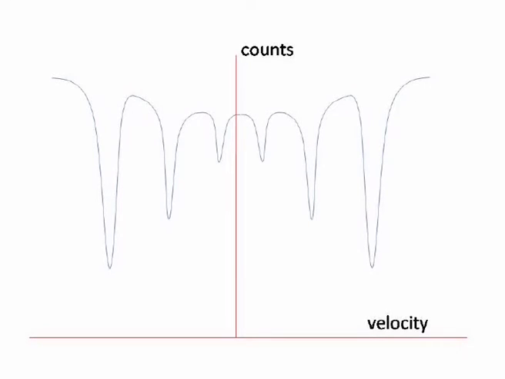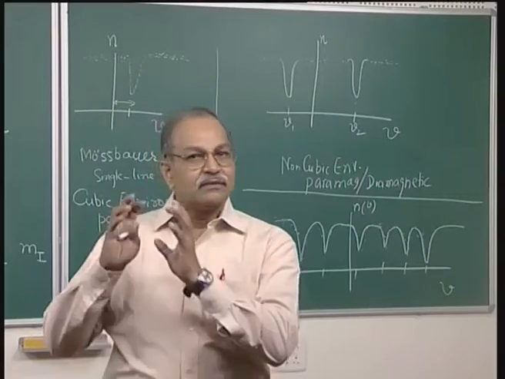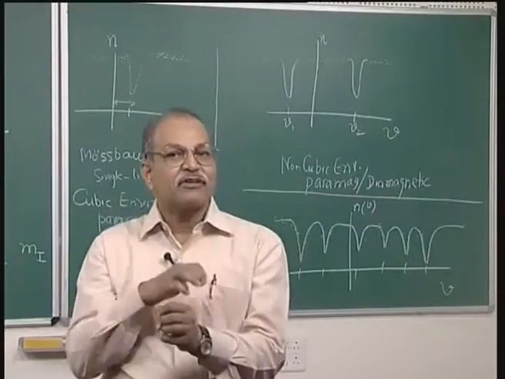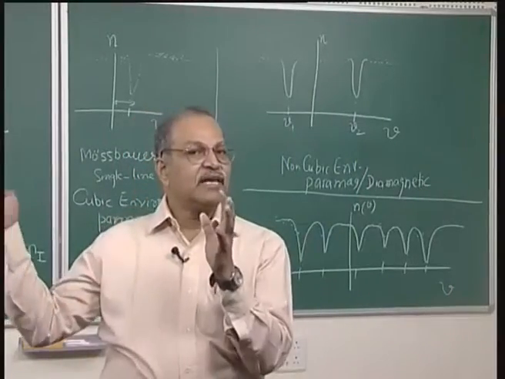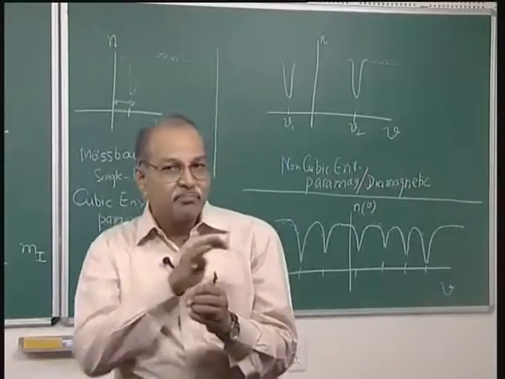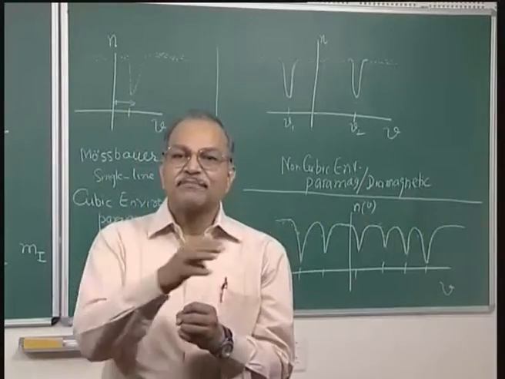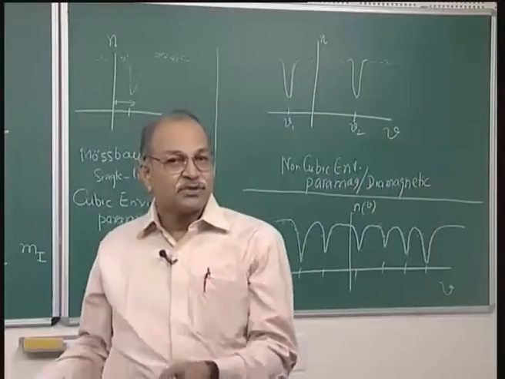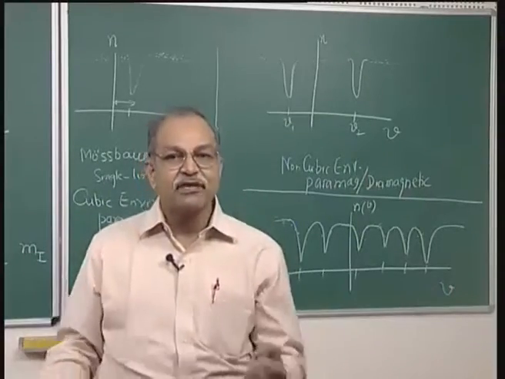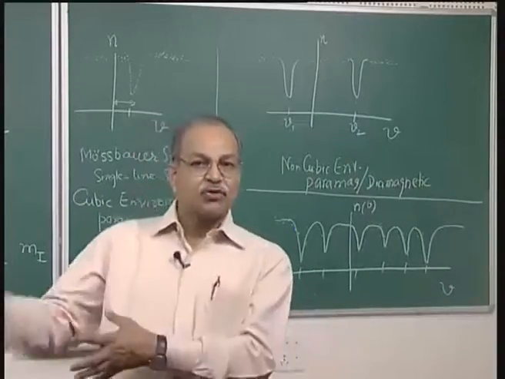So, you can have different kinds of atomic environments. For example, in magnetite, iron is placed in 2 different kinds of environment. In that crystal structure of magnetite, some of the irons are in a particular environment, and others are in some different environment. So, the internal magnetic field is different for this group of iron and that group of iron.